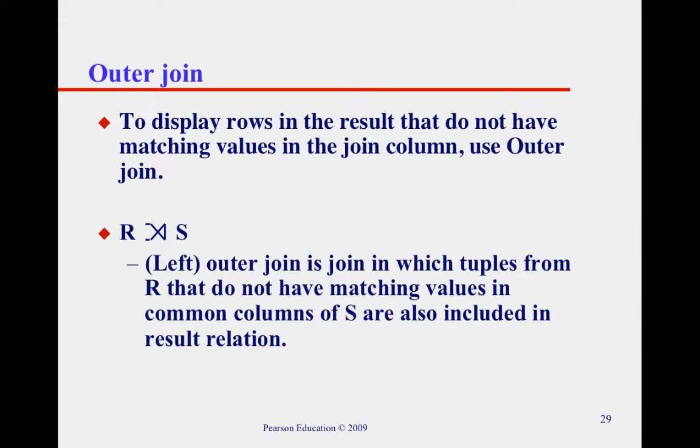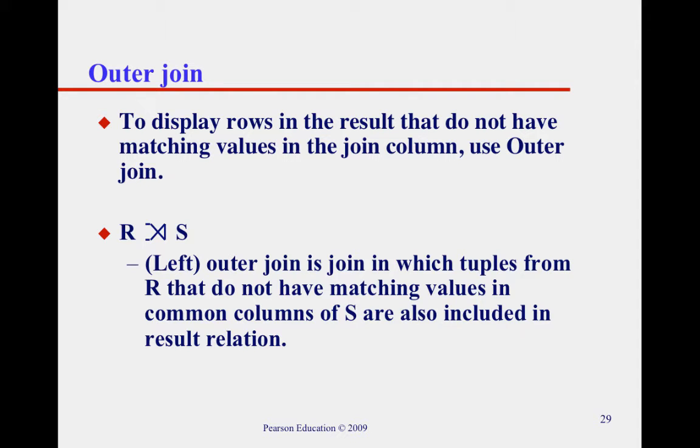Okay, we saw the outer join when we were doing SQL. The left outer join says that all tuples in R participate in the resulting relation, but that if there's no matching tuple from S, it's nulls.